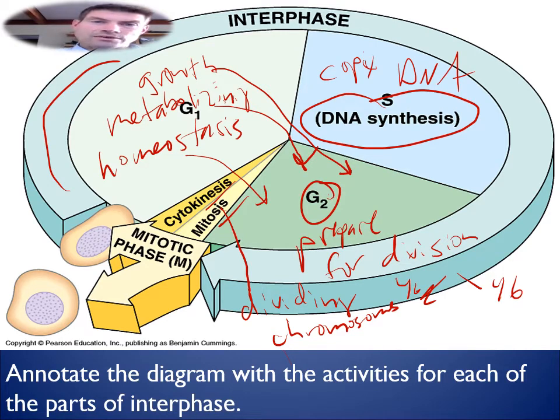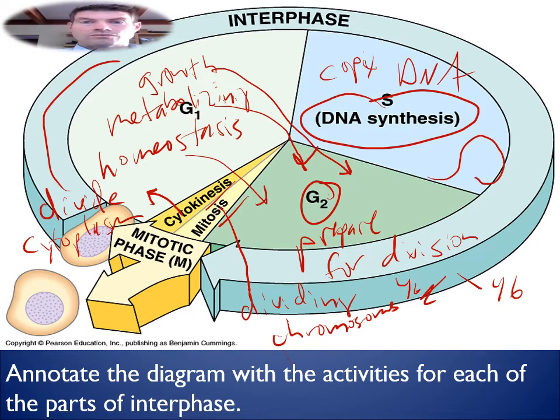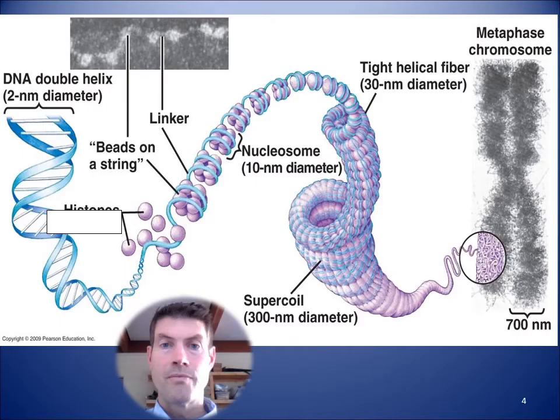And then cytokinesis: you've already divided the chromosomes, so now you need to divide the cytoplasm. So all the gooey stuff, after the cell divides, ooh, you got 2 new nuclei, then you need to divide this part. And that's what cytokinesis does.